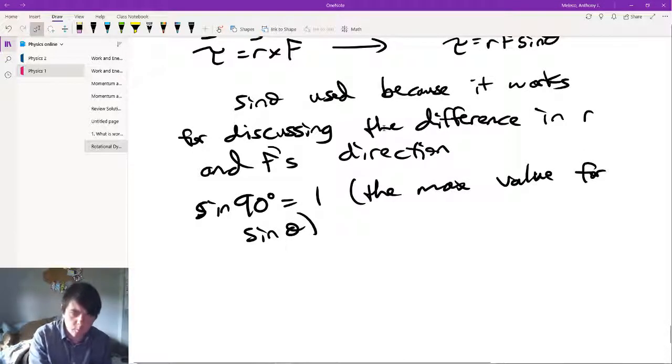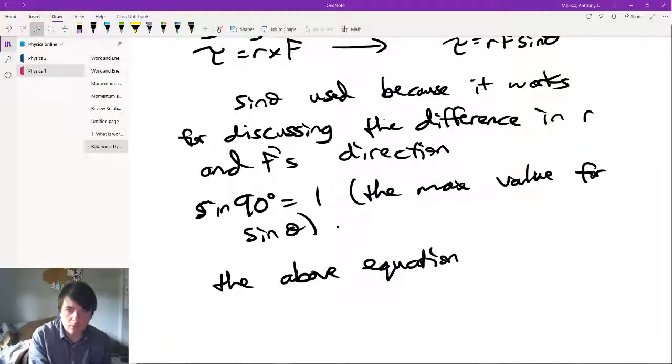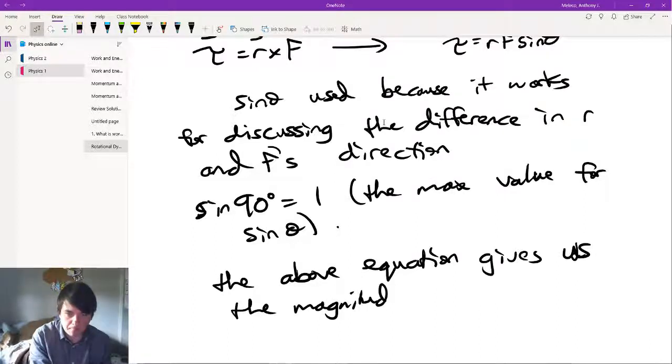Or I should say, the above equation gives us the magnitude of the torque.